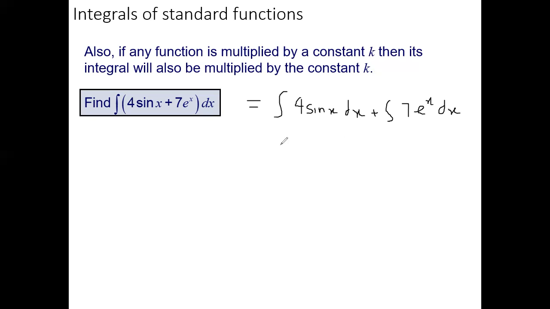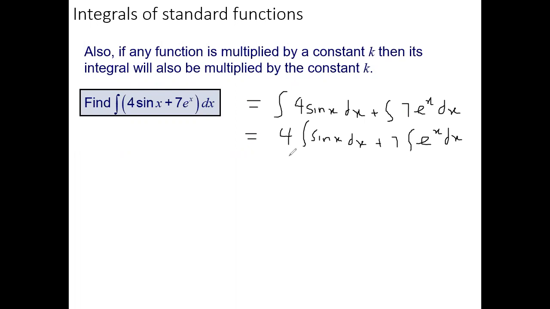Okay, good. So if we are integrating, you can bring the 4 out, like before we said, sine of x dx. Then once again, you can also bring the 7 out to see it clearly. Integral of e^x dx.